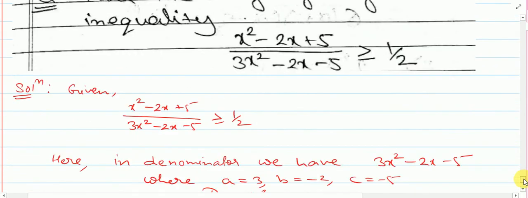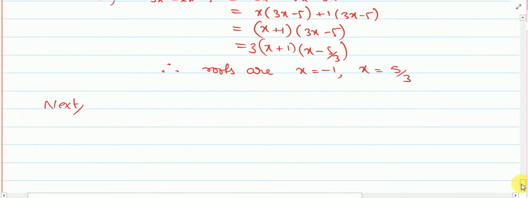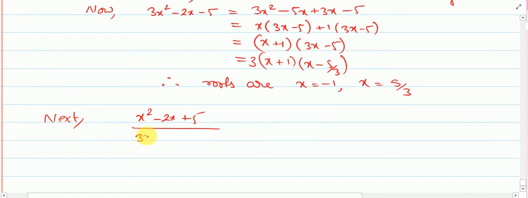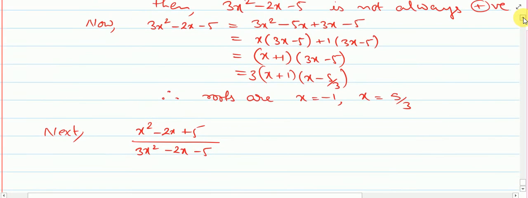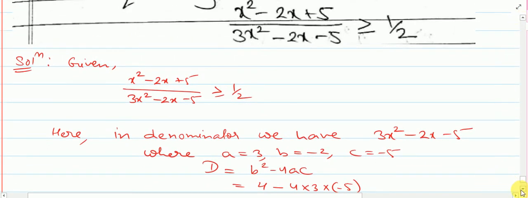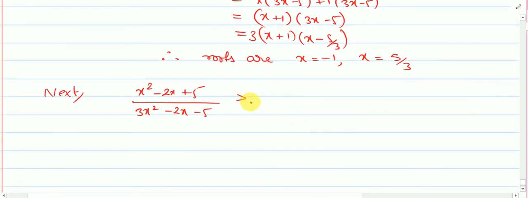So this inequality is x square minus 2x plus 5 over 3x square minus 2x minus 5, and this has to be greater than equal to half. x will be real, but x will not be equal to minus 1 and x will not be equal to 5 by 3, because if x is minus 1 or 5 by 3, then the denominator will become 0. In that case this whole thing will not be defined.